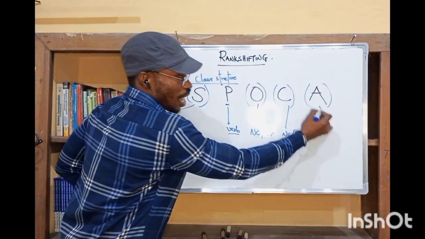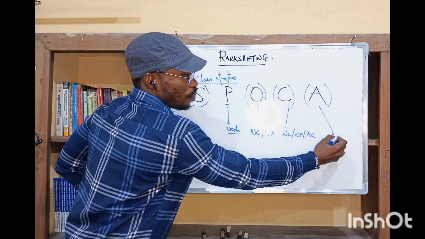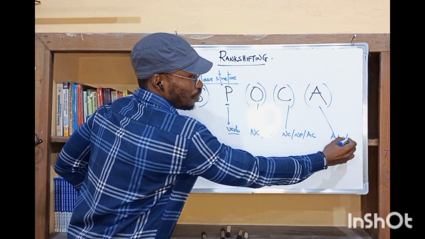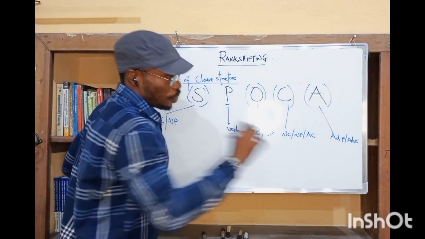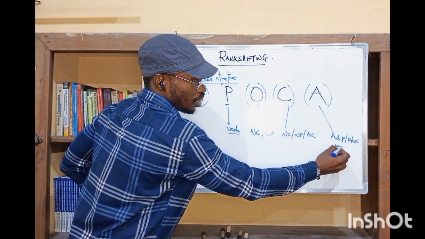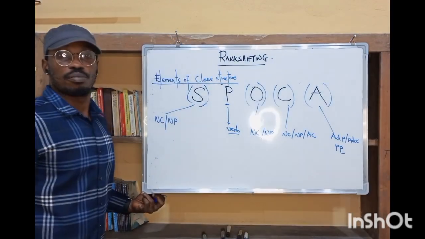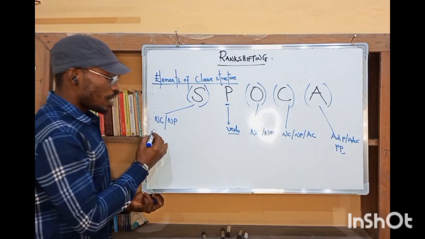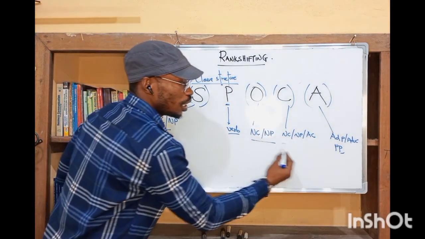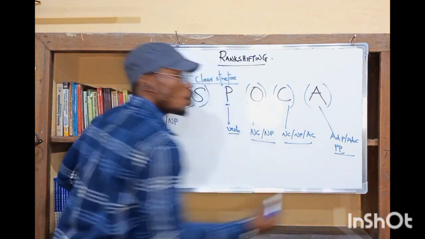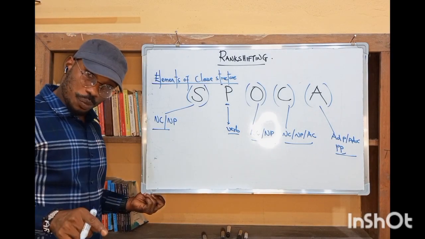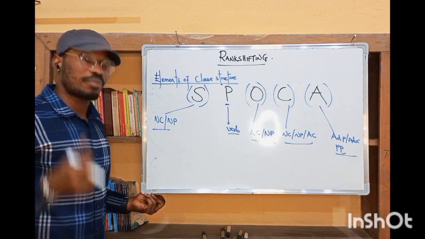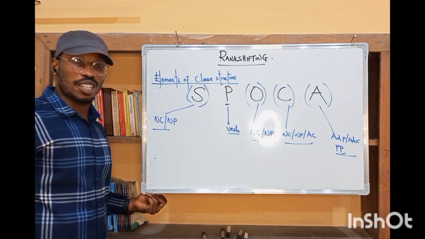Our adjunct is mostly an adverbial phrase or an adverbial clause. Prepositional phrases could function here as well. Because it is on this level that we'll realize most of our rank shifted clauses or groups. Now let's go back to our concept of rank.